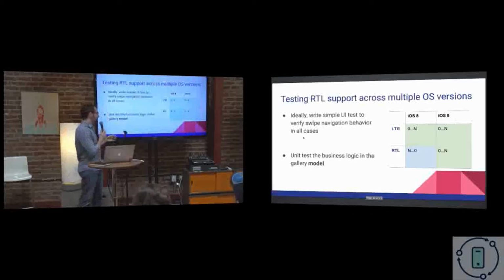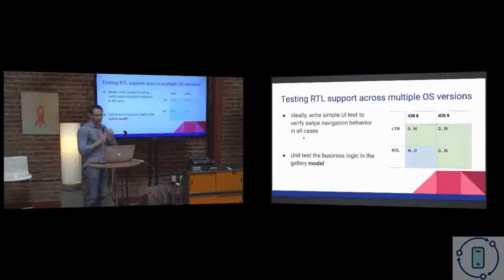So back to the problem at hand, we have these galleries, and here's the order that the images in the actual collection need to be in order to be laid out properly in iOS 8 and iOS 9 in LTR and RTL. So every gallery we have in the app needs to share this kind of behavior, whether it's a full screen modal gallery or it's a gallery at the top of the article.